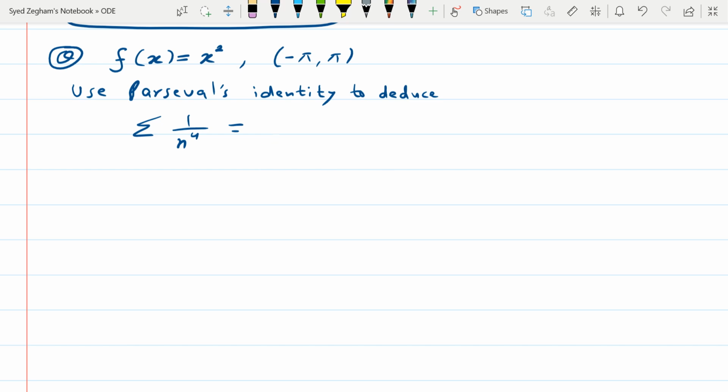And in some cases they may also ask you that you have to show that summation of 1 by n power 4 is equal to pi power 4 over 90. This is also fine. Okay, so this is the question.